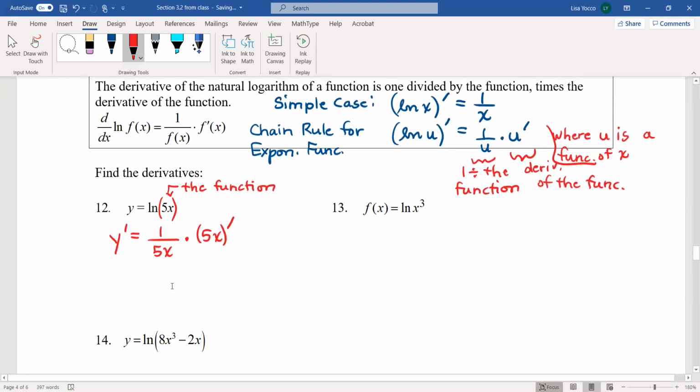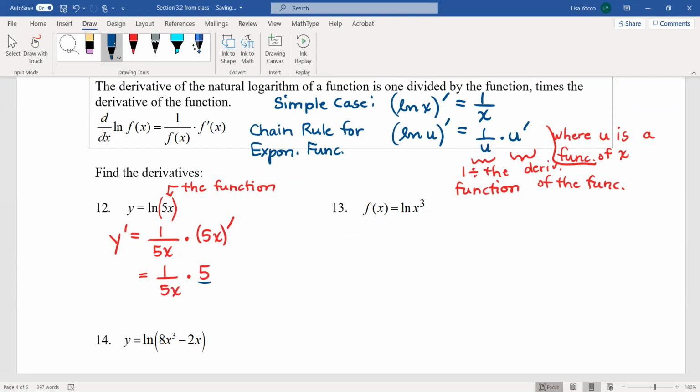And then that's pretty straightforward. The derivative of 5x is 5. And then you can always think of 5 over 1. So the 5's cancel. And it turns out the derivative of this is just simply 1 over x. Okay?